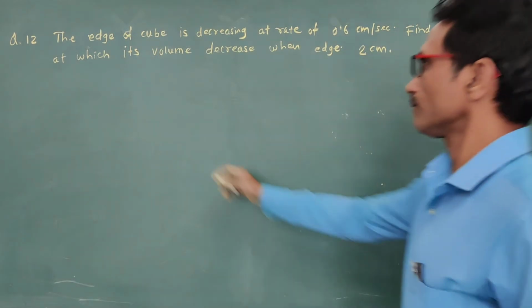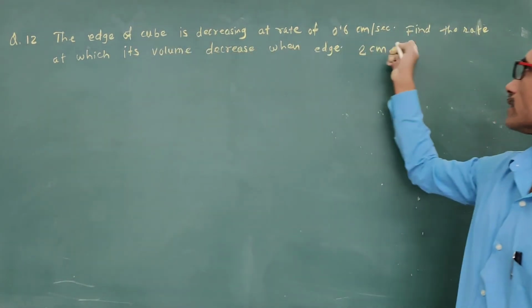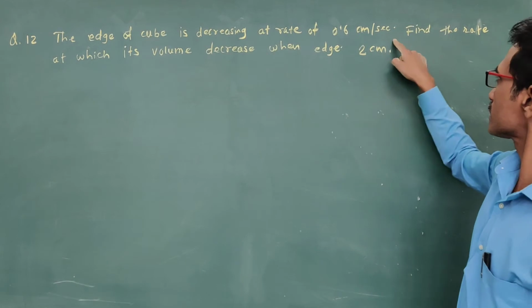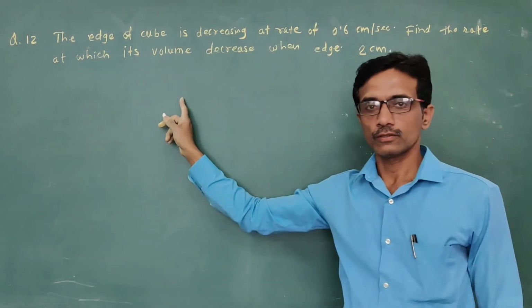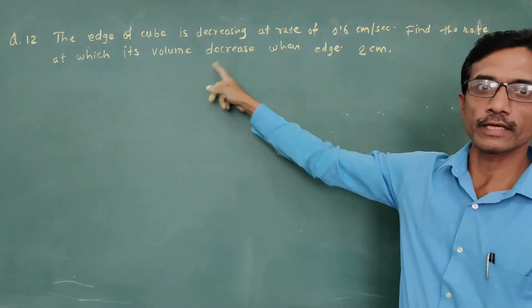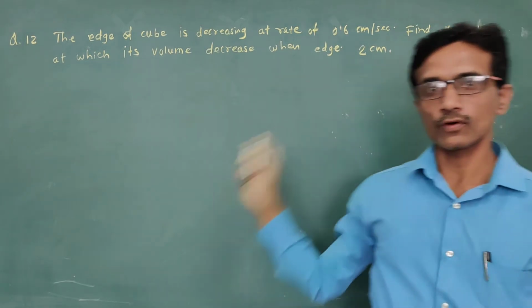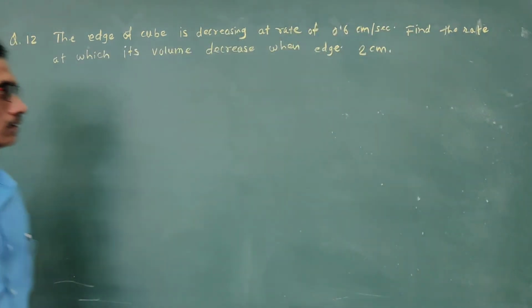Question number 12. The edge of a cube is decreasing at the rate of 0.6 centimeter per second. Find the rate at which the volume of the cube is decreasing when the edge is 2 centimeter.